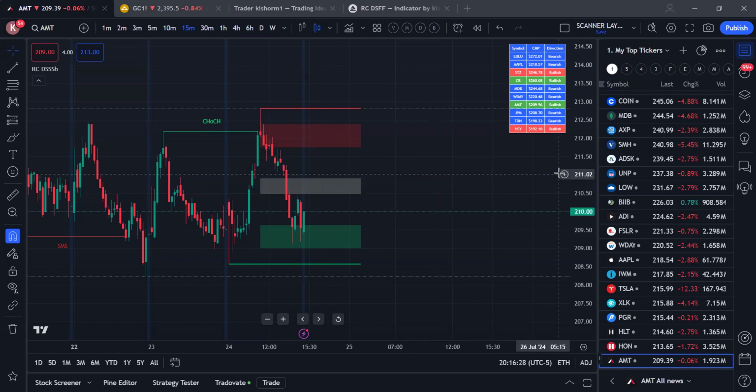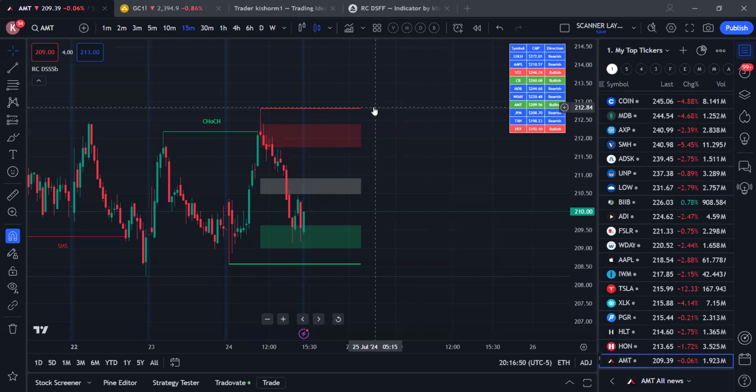So the scanner, if it is a normal day, just using the scanner you can determine which is bullish, which is bearish. But some days you may want to do a double confluence, a double confirmation. You don't want to just go with one algo, one indicator, one software.